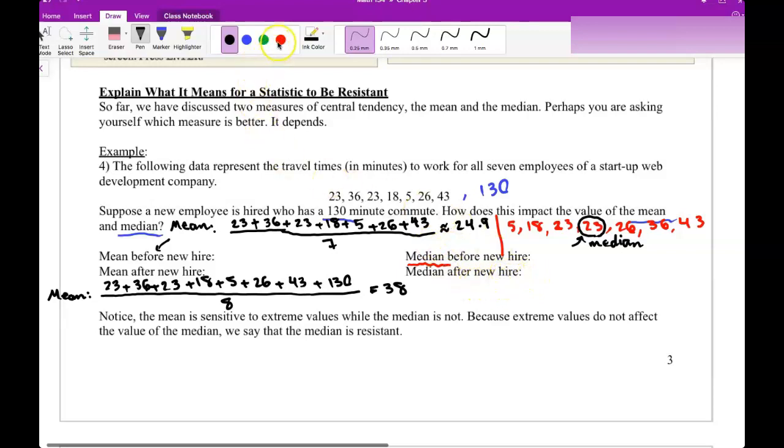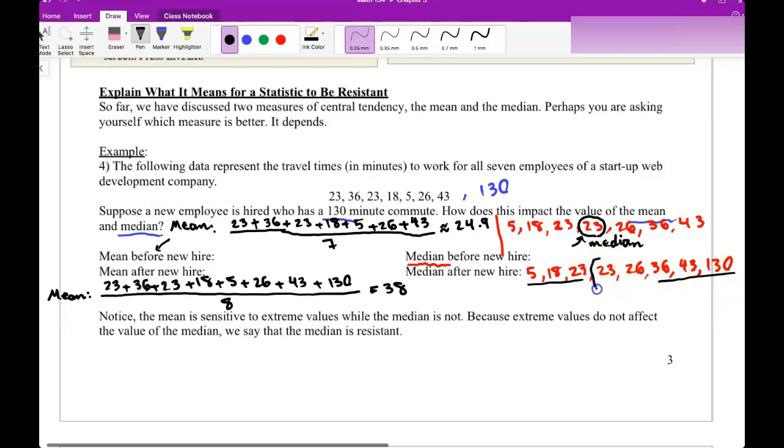Now the median. Writing all these numbers again, because these are in order. We have one more, which is 103. So our median is in between. From the left side 1, 2, 3, and from the right side 1, 2, 3.